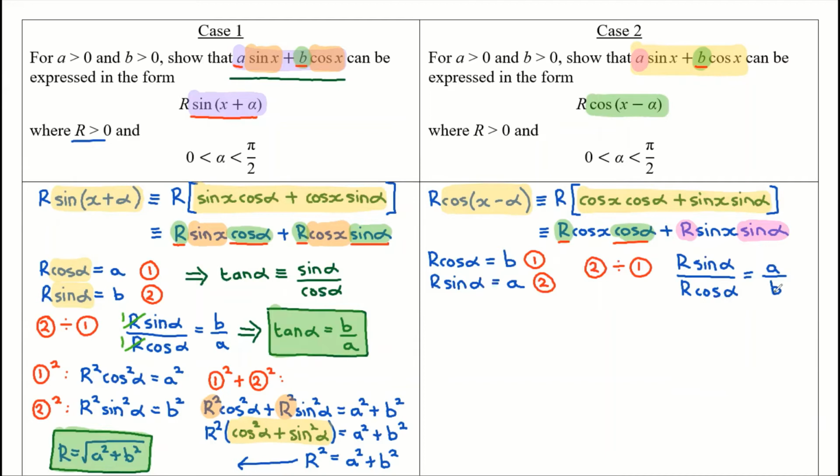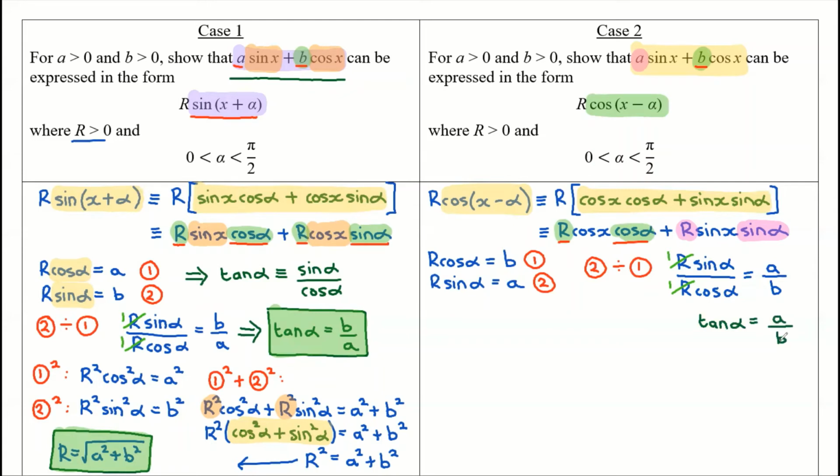I hope that's okay. So the r's are going to cancel out, which is good. So that's going to be 1, that's going to be 1, and we are left with tan alpha. This is the final step, isn't it? So we get tan alpha is equal to a over b.